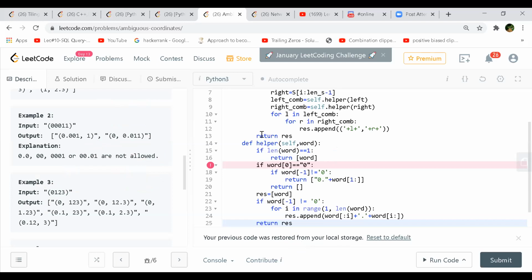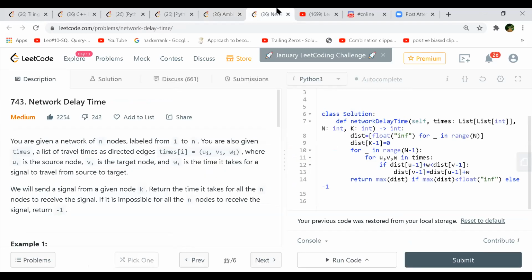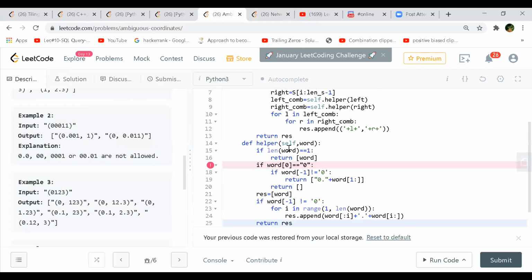So that doesn't fit in the rules. You cannot have two zeros, both trailing and preceding. You'll have to make some modifications there, I think.